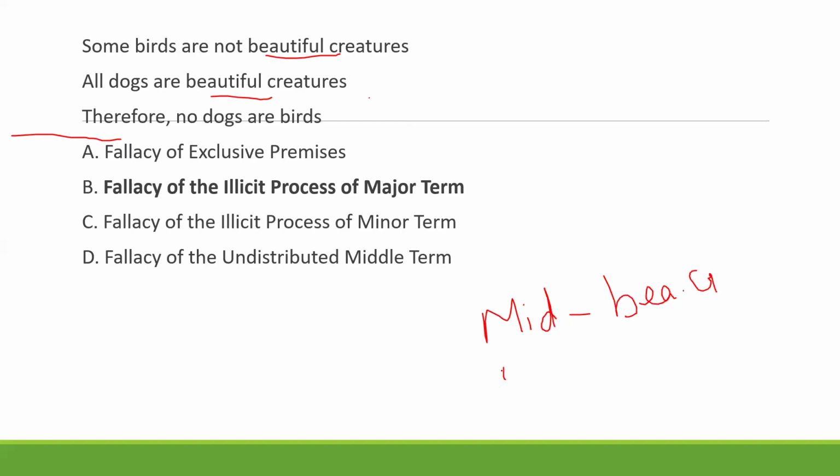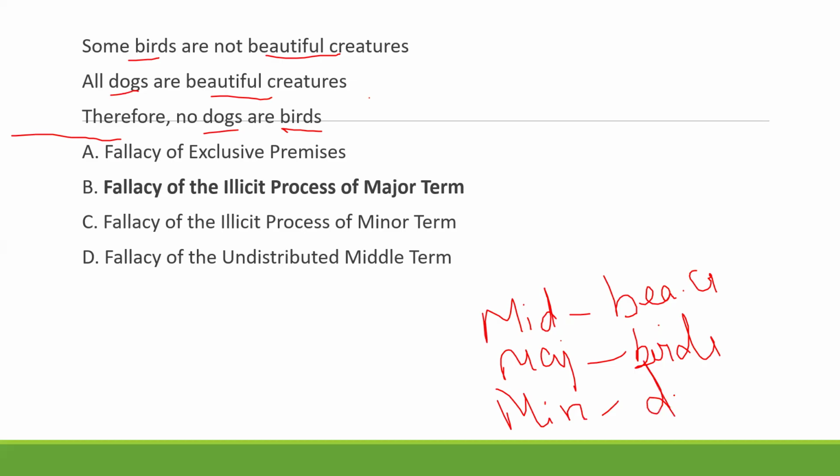What is the major term here? Birds is the major term, since it has to come in the predicate of the conclusion. What is the minor term? Dogs is the minor term. So we found the middle term, the major term, and the minor term. Now we can check whether the major term is distributed in either of the premises.